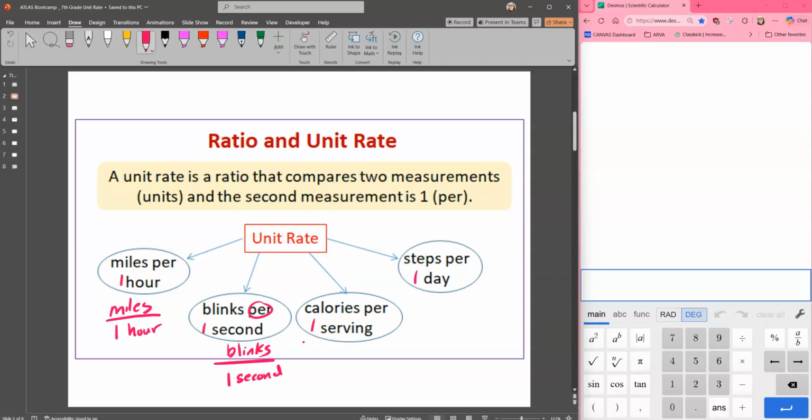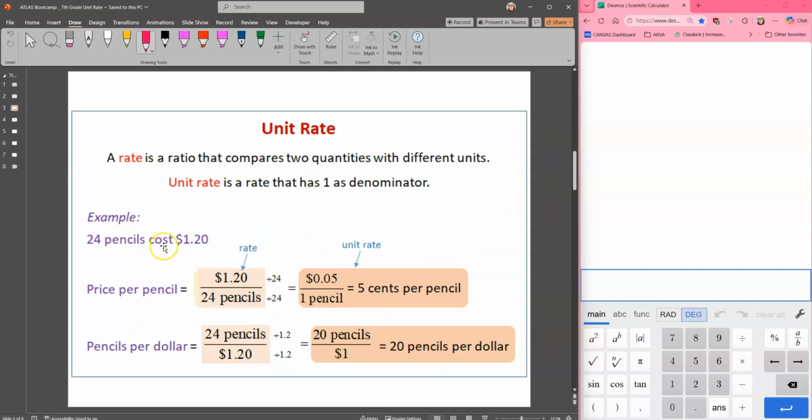When you see that word per, that's an indicator that's where your fraction bar goes. Calories per 1 serving, steps per 1 day.